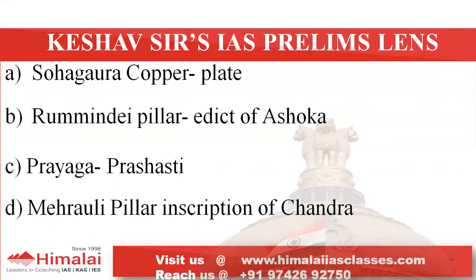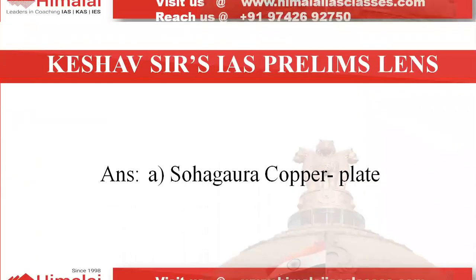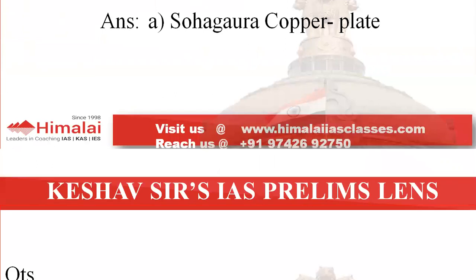In that inscription, it mentions the establishment of grain depots to fight famines. So, going by this understanding, the right option is option A. Please go through option B, option C, and option D in Google and try to know the importance of the other 3 inscriptions. The right option here is option A.